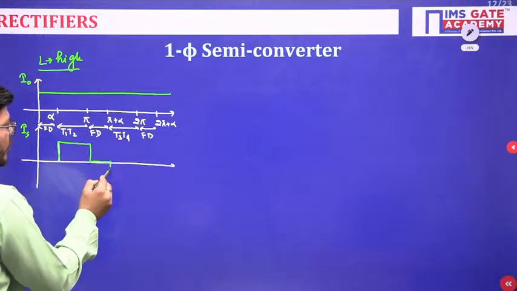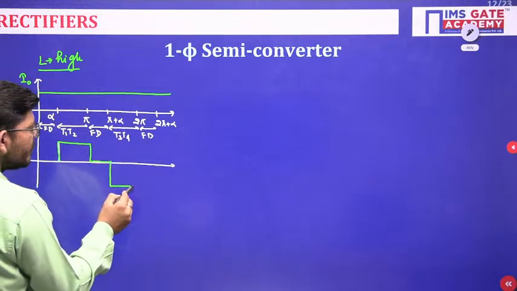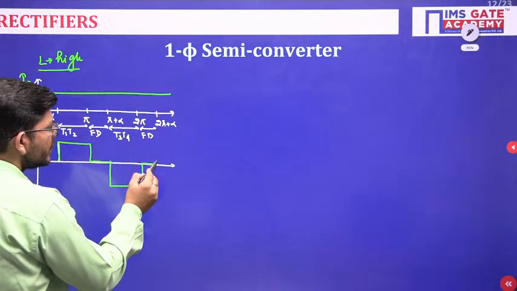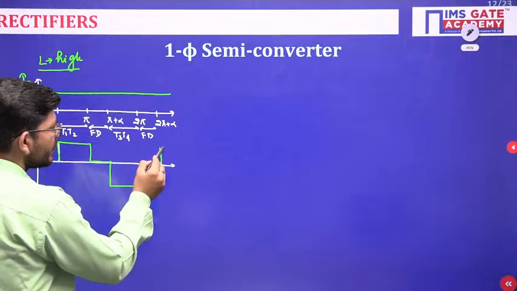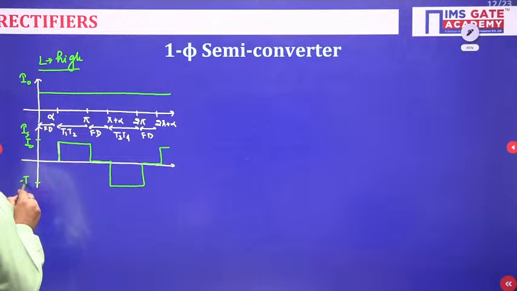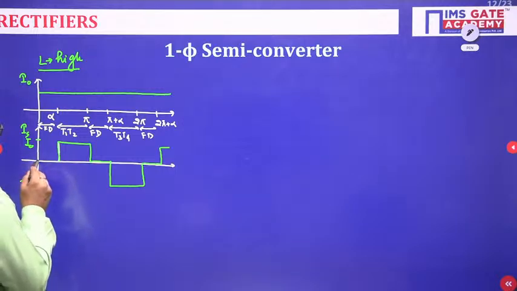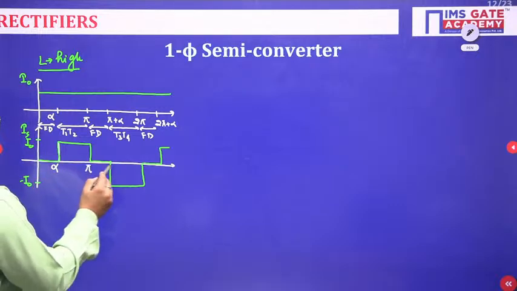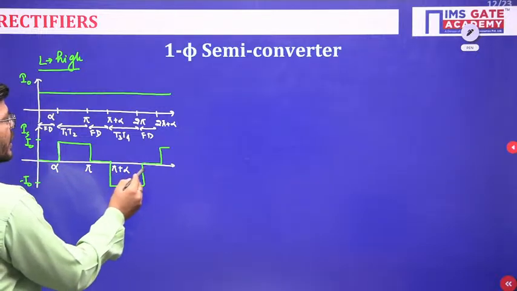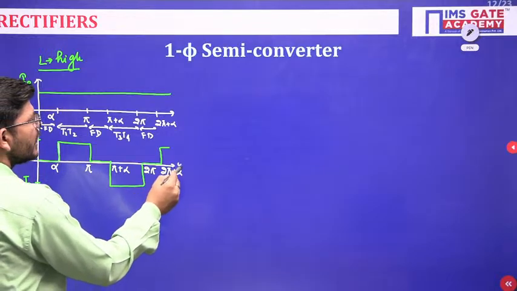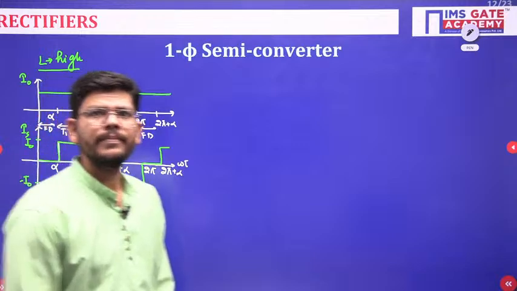When T3, T4 will be conducting, again source current will be flowing and it will have a negative value, because in the negative cycle it is flowing equal to I naught. So just see, this will be the waveform. It is alpha, this is pi plus alpha, this is 2 pi, and this is 2 pi plus alpha.